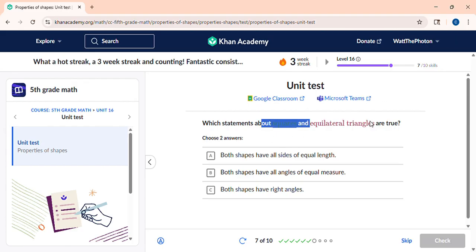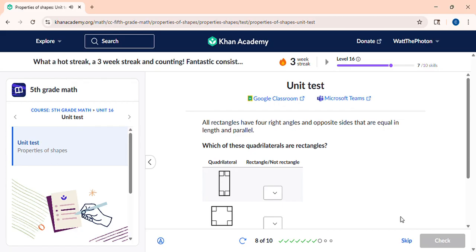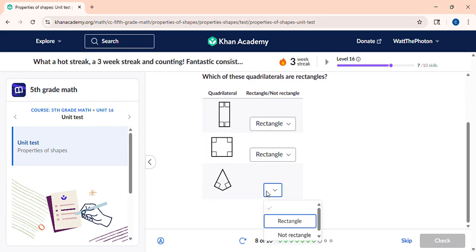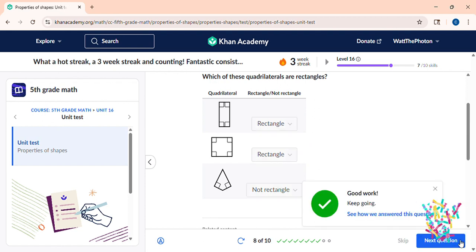Squares and equilaterals are true. Is a rectangle. Rectangle. Not a rectangle.